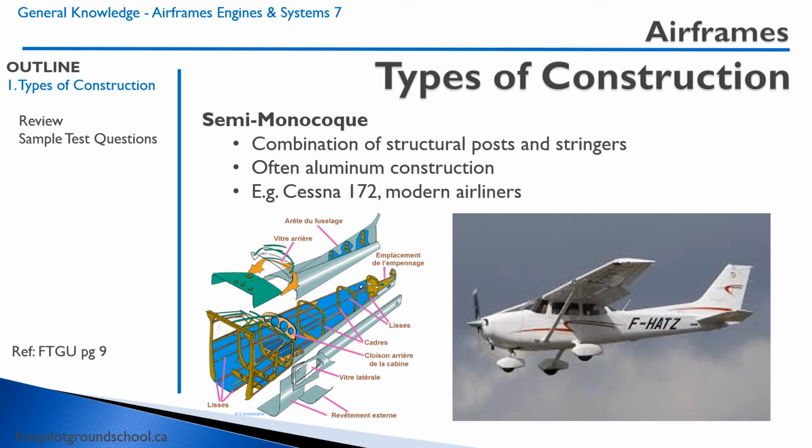As you can see here in this exploded view of what looks like a Cessna aircraft, the structural posts where the wings connect to are stiff, and then there are a series of stringers that hold all these bulkheads in place, and then covering them is an aluminum skin. The skin is only partially load bearing. The structure would not be sound if you replaced the aluminum with, let's say, fabric, for example.